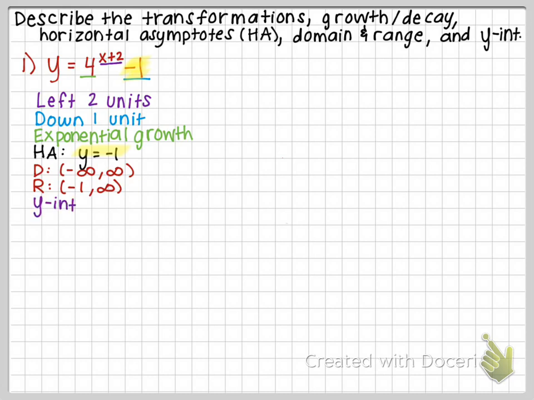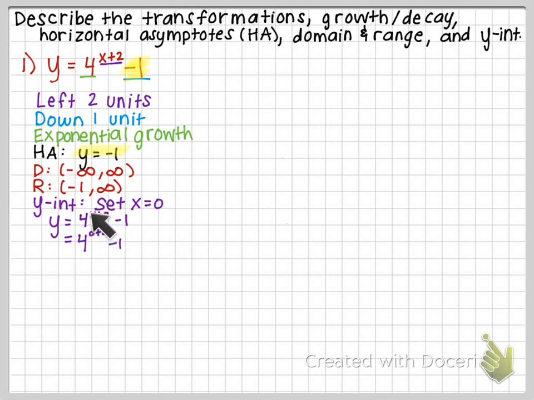Y-intercept, okay, remember how I said in the previous page that if h is 0, then our y-intercept is going to equal a, right? But our h isn't 0 this time, so this is how we figure out our y-intercept. We're going to set x equal to 0. So this number up here, we're going to make a 0. So it's going to be 4 to the 0 plus 2.